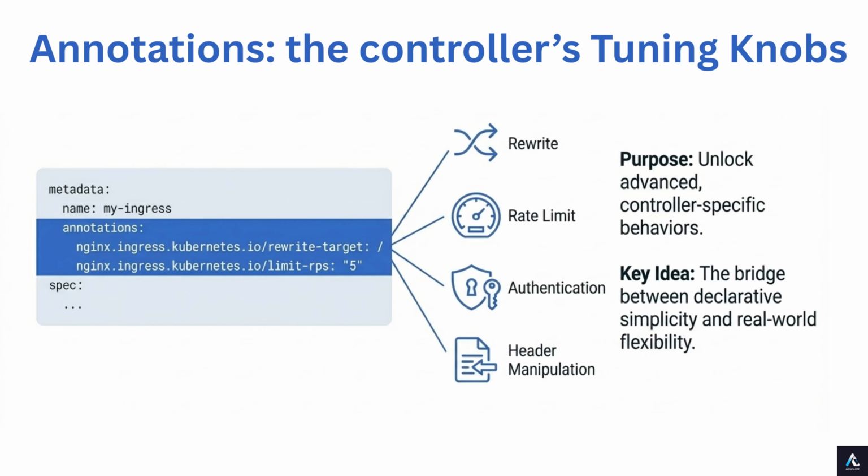It's how behavior can change on a route-by-route basis, and how real-world traffic requirements are handled cleanly and predictably. Yes, annotations are controller-specific, but that flexibility is intentional. Used carefully and deliberately, Ingress stops being a blunt tool and becomes a precision instrument. And as with any powerful instrument, there are a few common pitfalls worth understanding.